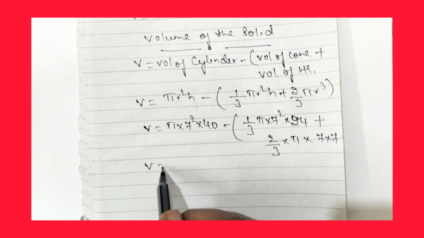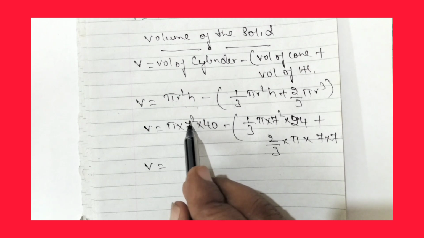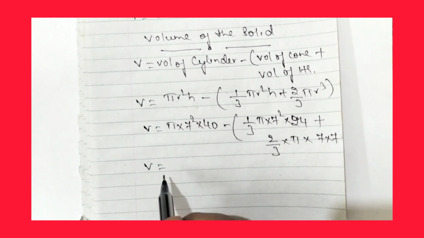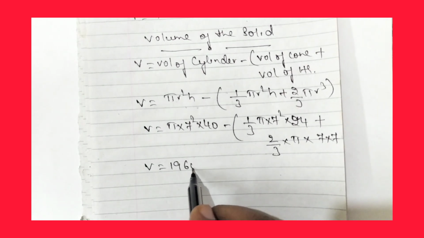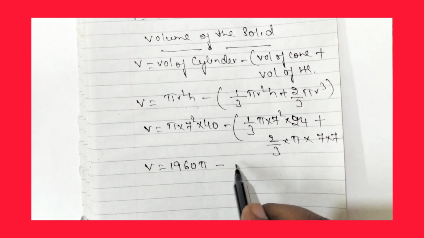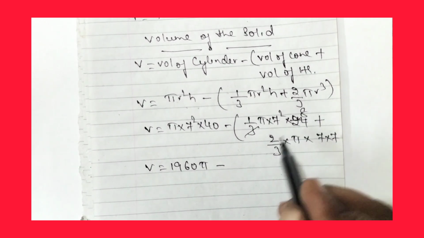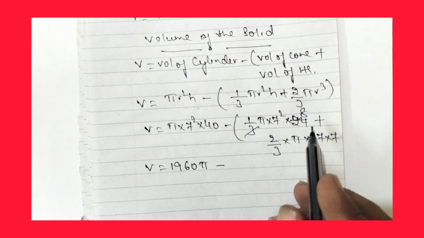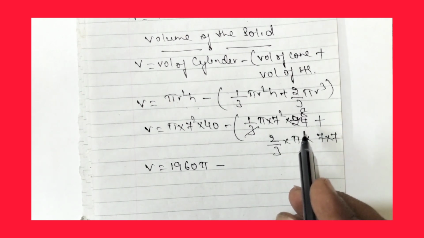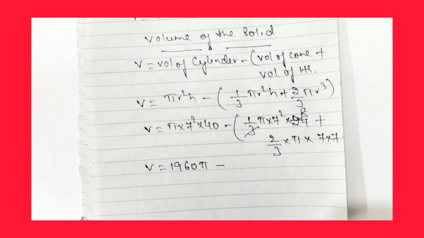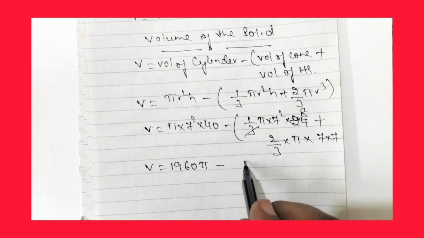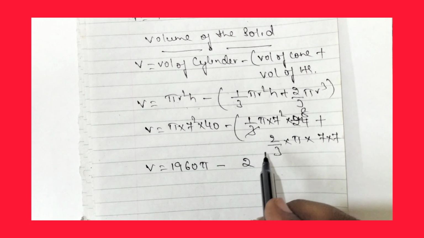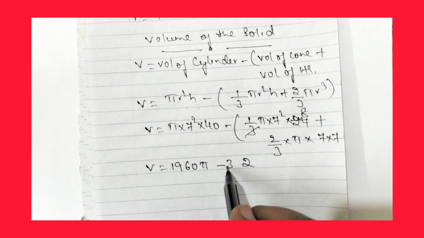So now volume is equal to, 7 square is 49. 49 into 40 is 1960 pi, minus, 3 eights are 24, so now it will become 7 square is 49. So 49 into 8. If you multiply 49 into 8, 8 nines are 72, write 2 carry 7, 8 fours are 32, plus 7, 39.